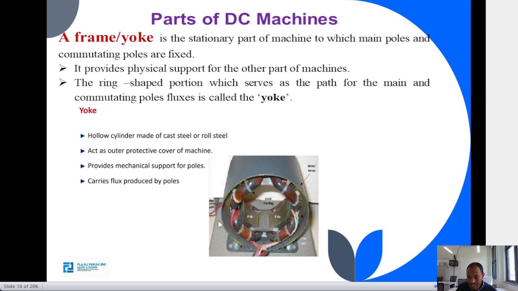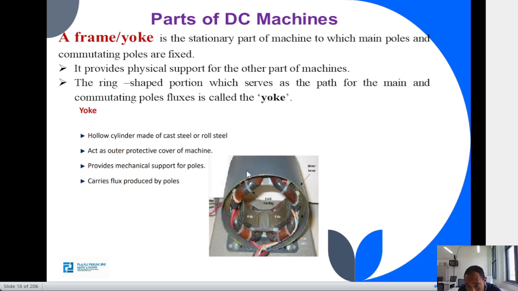Here is the stationary part of our machine, the cylindrical one. It has slots where we produce the poles, and it has the windings, which we call the field winding, and an external part called the frame.